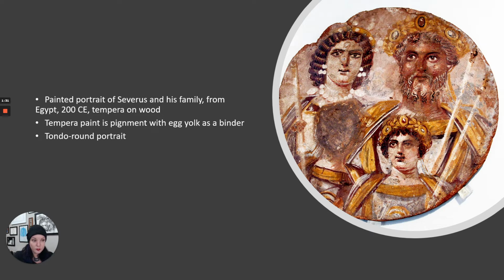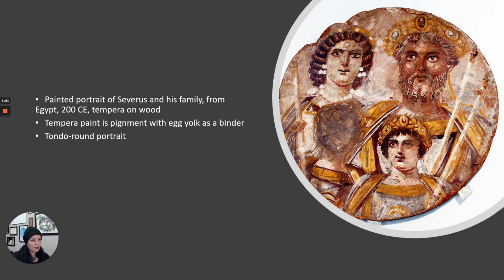There's no real way to prove that at this time, so people go with it. I do think it's a pretty noteworthy thing to say that we have an African emperor of the Roman Empire, which is pretty cool. So this is him with his wife and his kids.